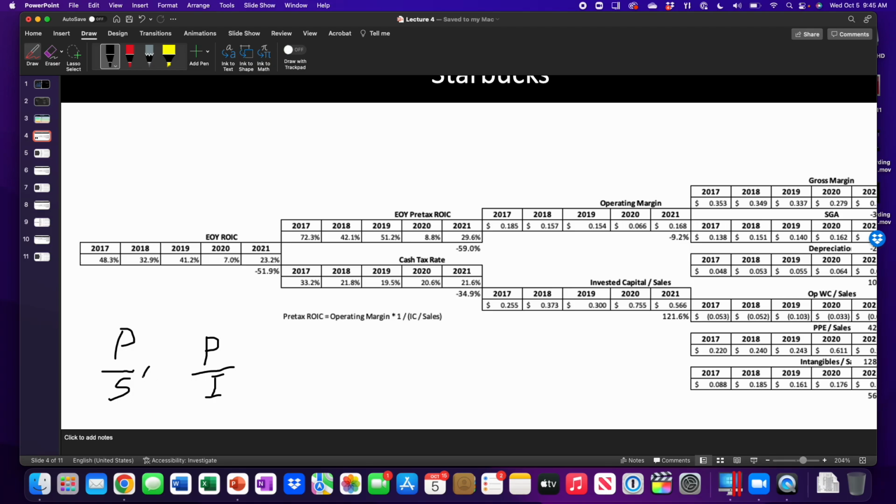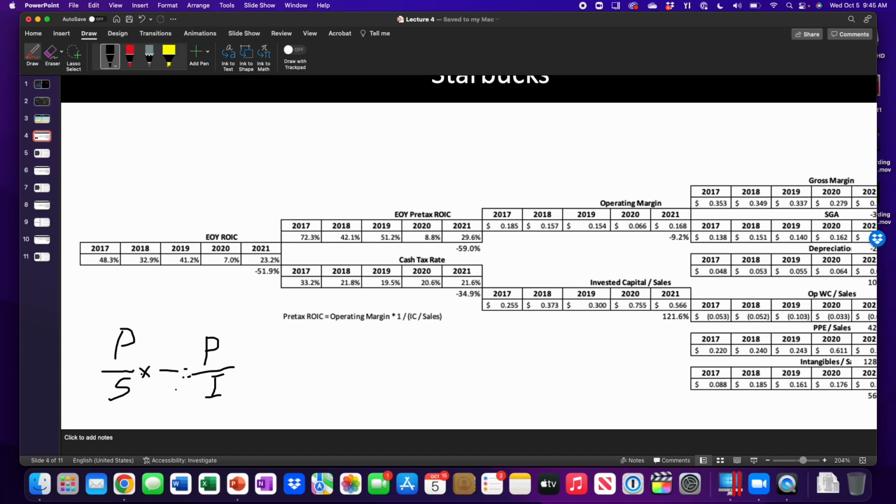If we multiply P over S by blank over blank, that will equal P over I. What is blank over blank? P over S times what is P over I? What must it be?